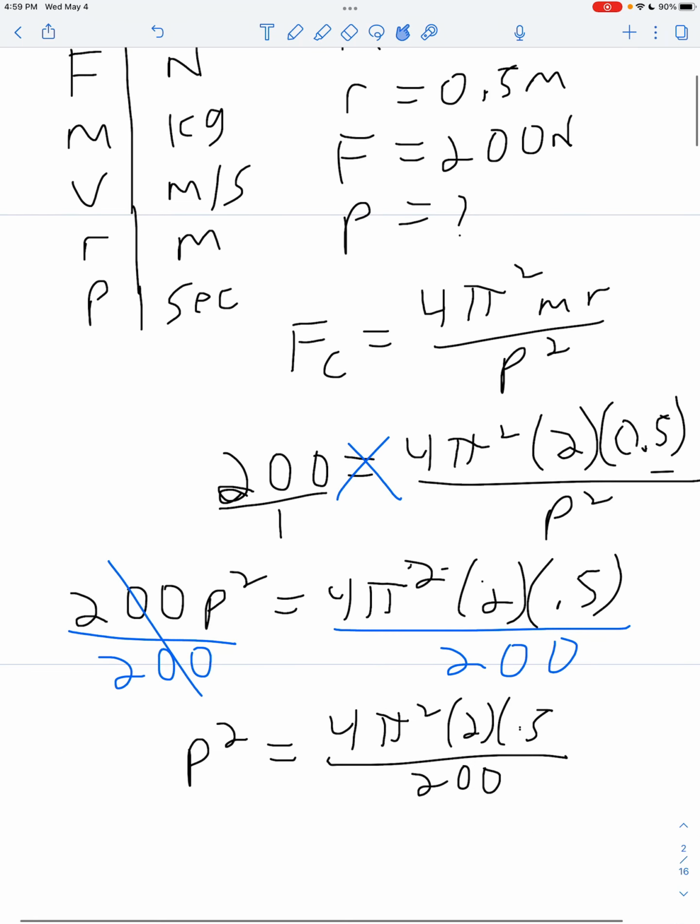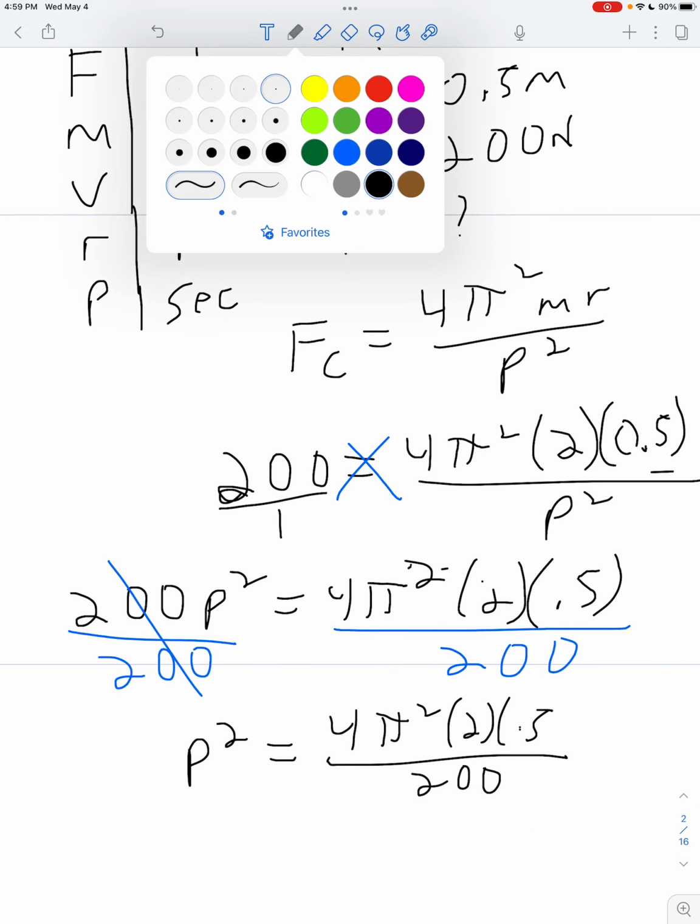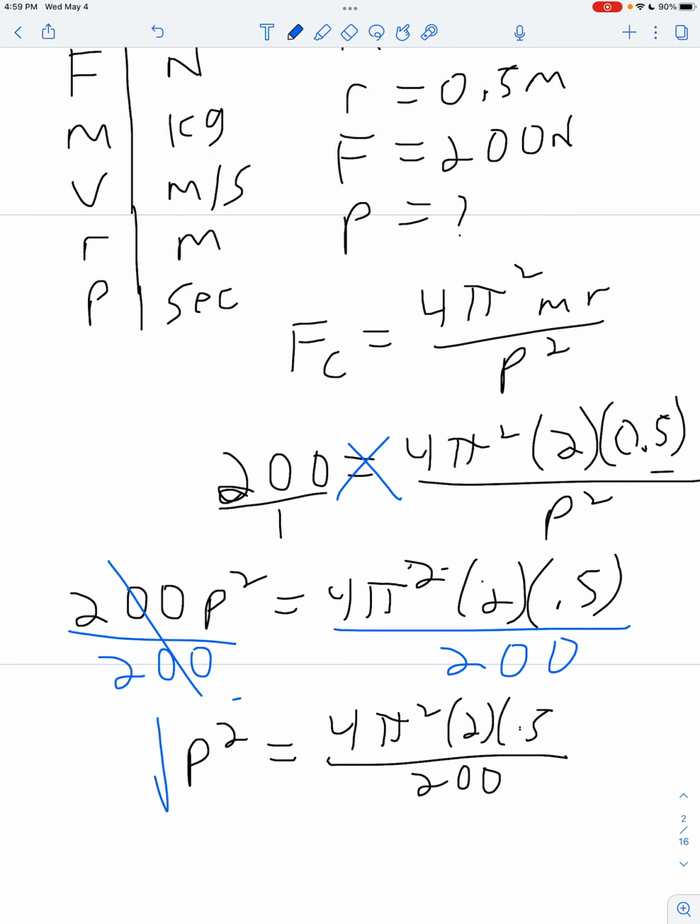And then my last step would be to take the square root of both sides. If I take the square root of both sides, now I've got p equals, and I'm going to put all that in my calculator at once.